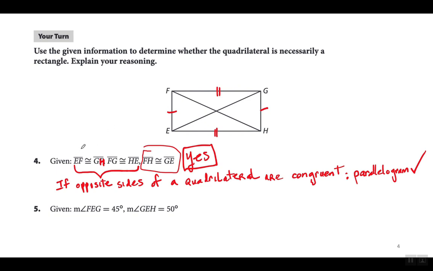And yes, I could determine that based on the information at the beginning that says that opposite sides are congruent. Because if opposite sides of a quadrilateral are congruent, then that quadrilateral is a parallelogram. All right. It may sound a little bit complicated. It's not, but I had to explain all that, okay?